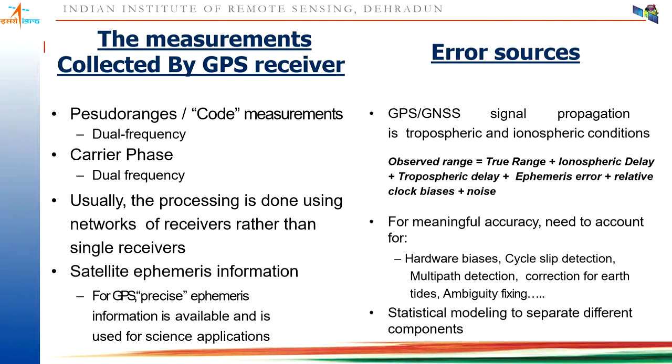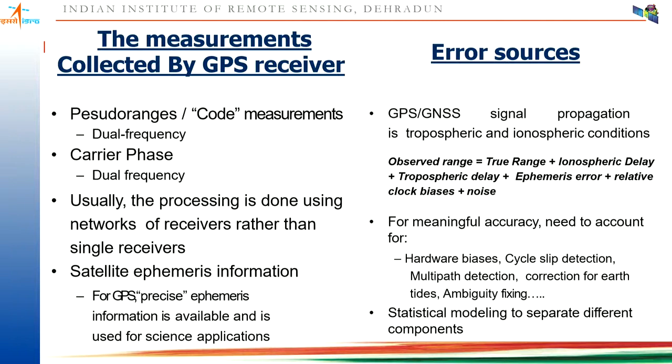Satellite ephemeris information is there. For GPS, precise ephemeris information is available, and it is used for science applications. GPS receivers generally receive the GPS satellite ephemeris information. What is this ephemeris information? It involves the orbital parameters of the GPS satellite.